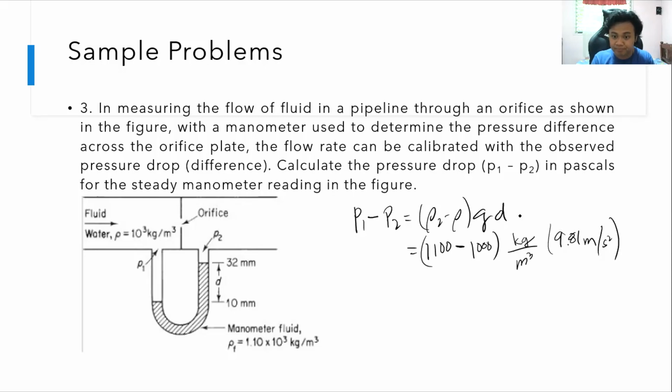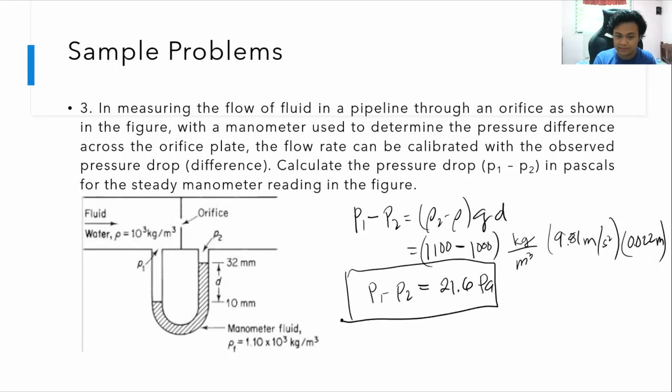And then we have our pressure difference, which is 32 minus 10 millimeters, equal to 22 millimeters. Or if we convert it to meters, 0.022 meter. And then we will get the pressure difference now as 21.6 pascals. Okay, so that's it.